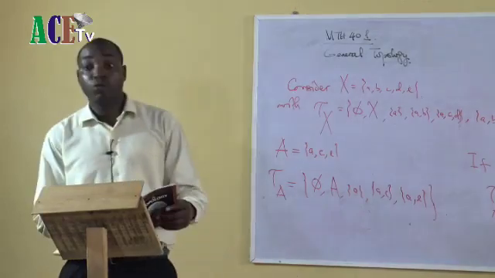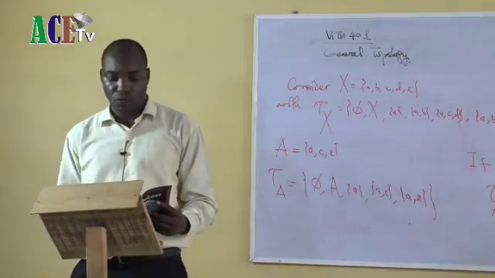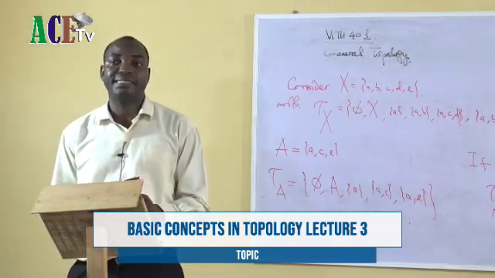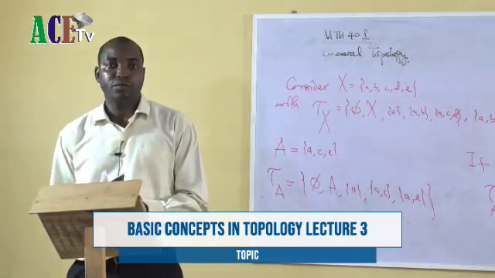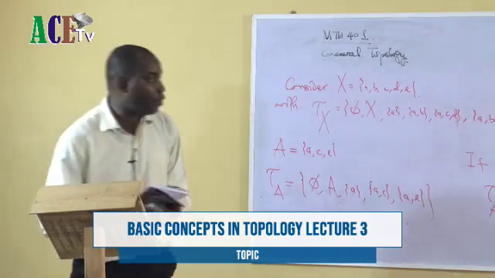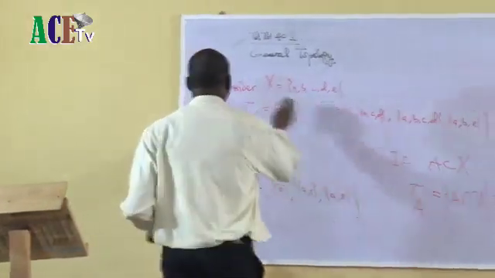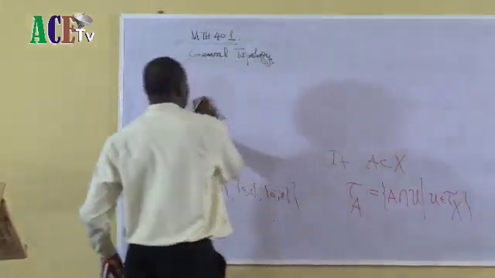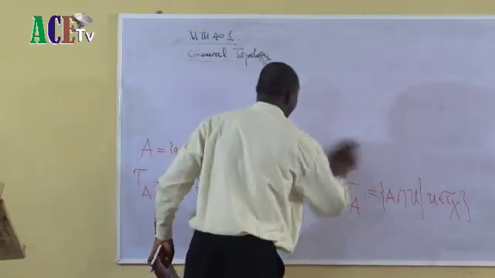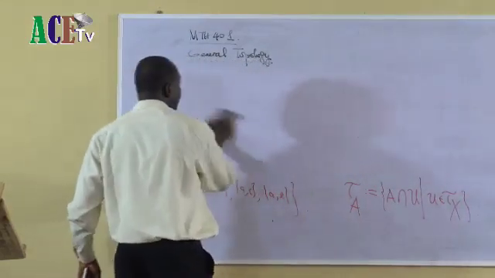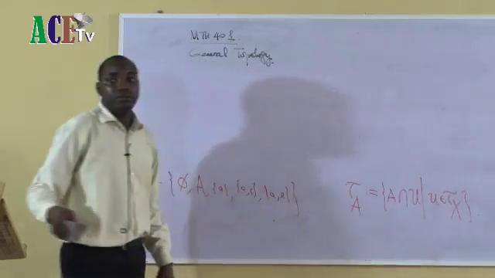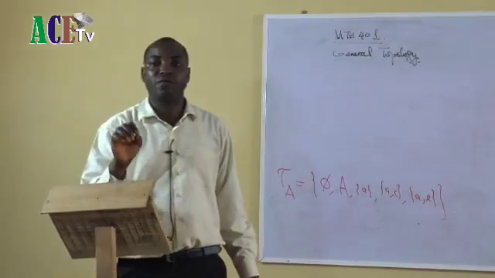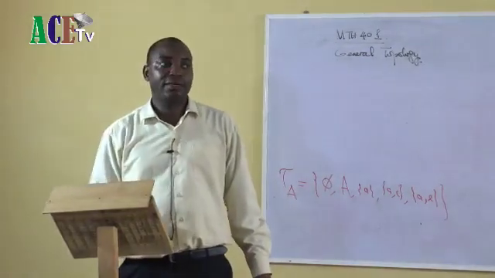Now, having done with that, the next thing we want to look at is what we call basis and sub-basis of topology. Now, when we talk about basis, we are talking about the building blocks of topology. You need to pick smaller sets, just like the human body or any living organism is made up of tiny, tiny cells.